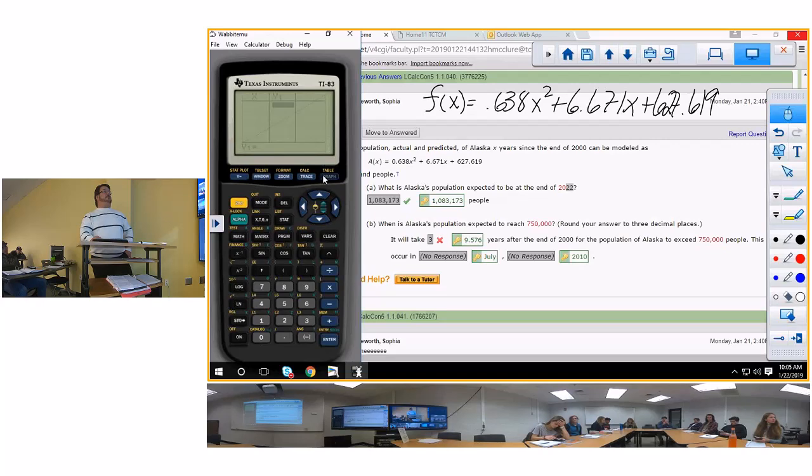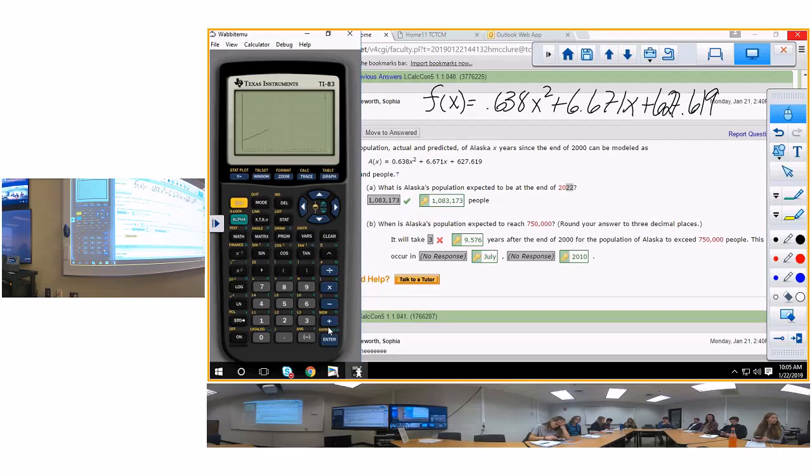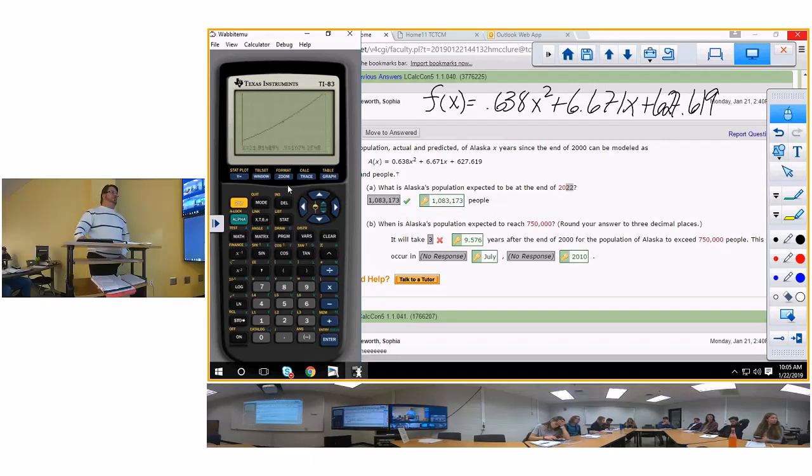Go to the graph and go back to zoom out. We've got to zoom out like five times. This is just a calculator drill, so just zoom out several times. Or if you want to do window, change this to 0. Enter, graph.